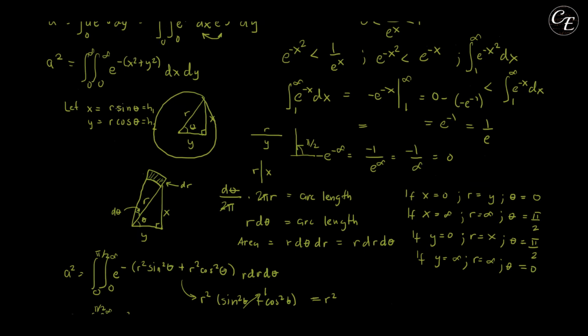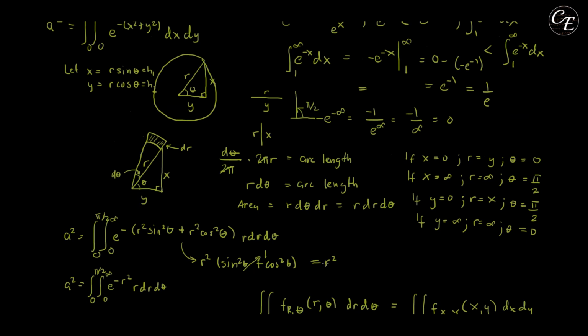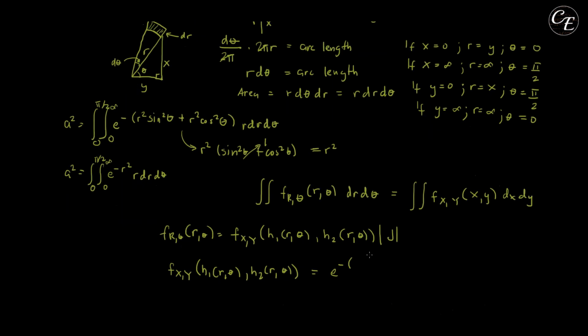So x, this will become r squared sine squared theta, like this, then plus y squared, which is r squared cosine squared theta, which from here, and we know that it is equal to e raised to negative r squared. So we can have here r squared sine squared theta plus r squared cosine squared theta, which is equal to e raised to negative r squared.